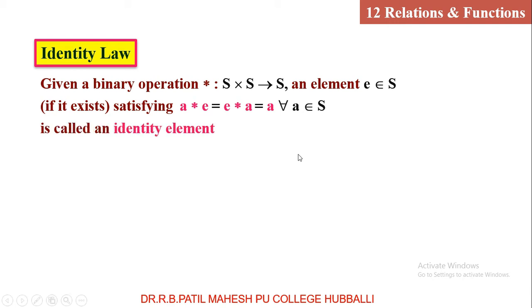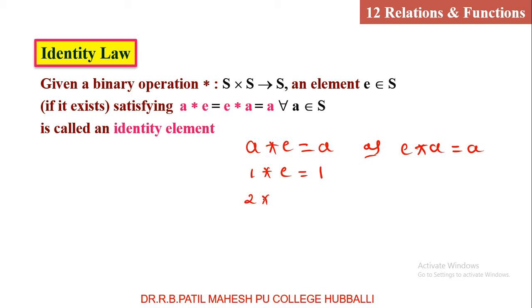Here A star E is equal to A or E star A is equal to A. For example, 1 star E should be equal to 1 only. If you take 2, 2 star E should be equal to 2. Then this element E is called the identity element of the binary operation star.